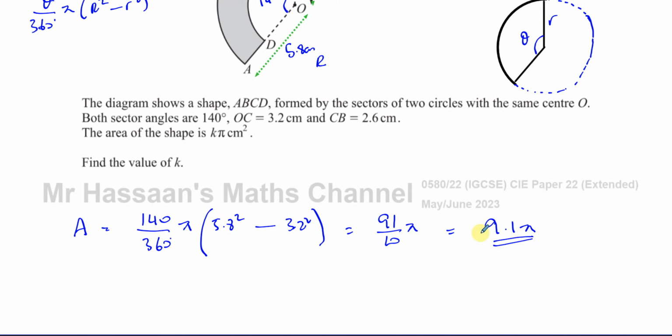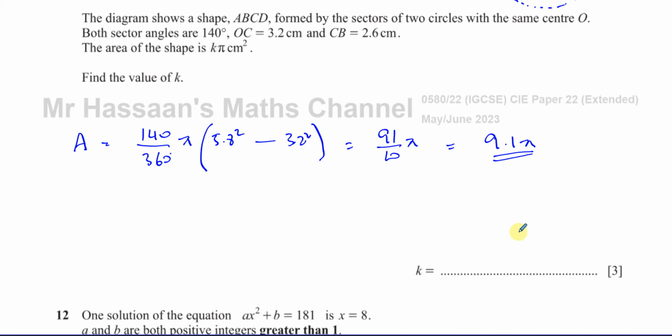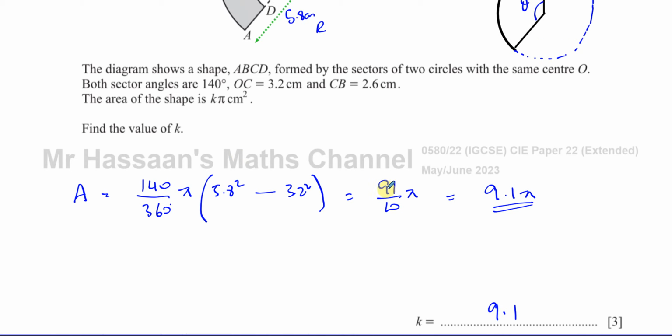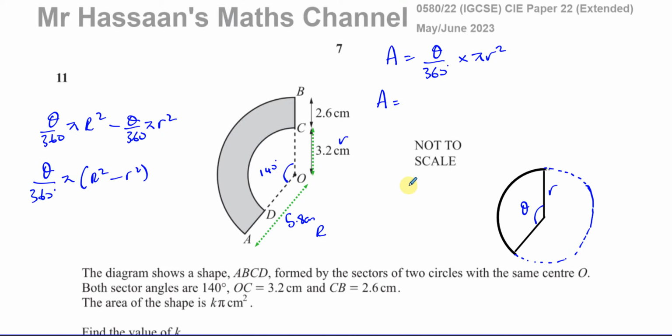That's fine. So we want to find what this constant k is here. So k is 9.1. It says k pi centimeters squared, so they just want the value of k, which is 9.1. So you don't write down the value of 9.1 pi. You write 9.1. And there's the answer to this question number 11.